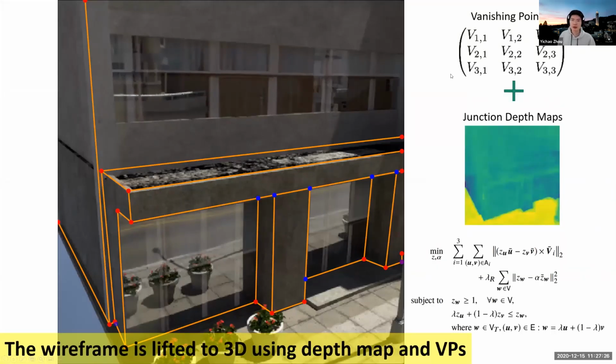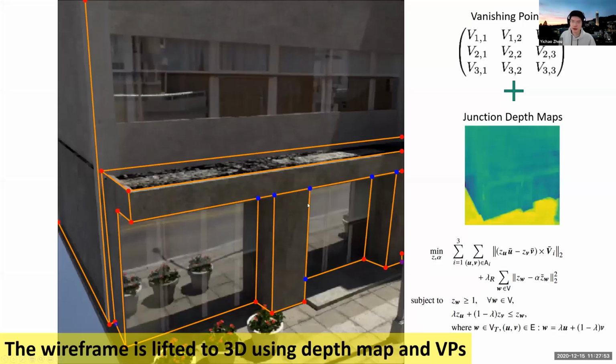Next, we have a vanishing point. For those who are not very familiar with vanishing points, basically, every set of parallel lines will intersect at a vanishing point. It tells you the direction of the lines relative to the camera, so it's a very strong prior you can get from a single image. We also have a depth map. We need a depth map because there would be some ambiguity if we just relied on vanishing points.